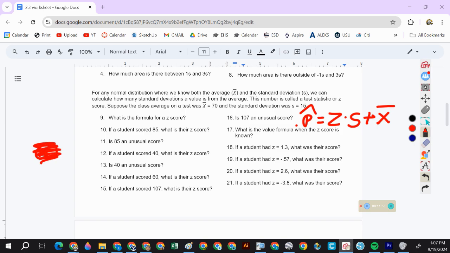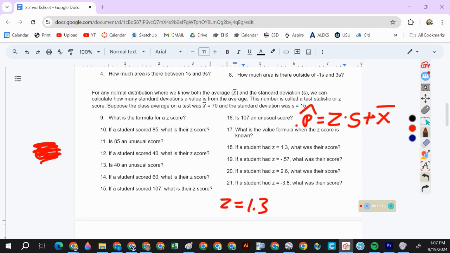Okay, let's do 18. If I told you your z-score was 1.3, what does that mean? You were 1.3 standard deviations, not away from, but higher than 70.